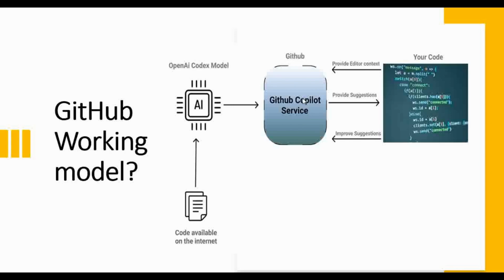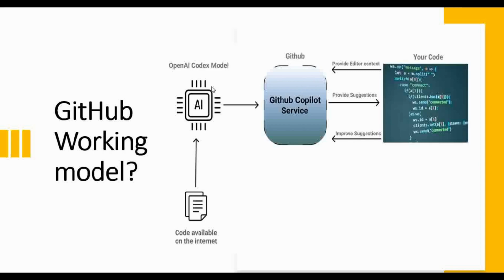And we have the GitHub Copilot service, and here we can see the IDE where developers are writing, right? How it works is, just consider this model is already trained with all the available data on the internet. If I'm writing a prompt, providing editor context, what will happen? GitHub will understand that prompt and pass it to the model.